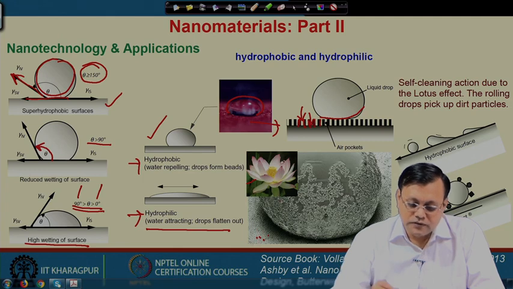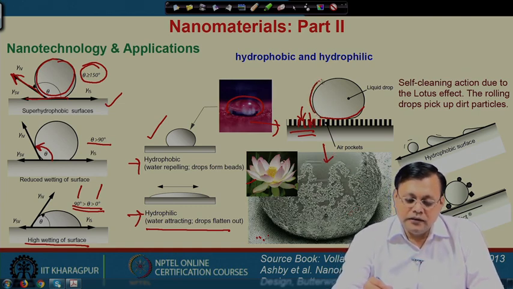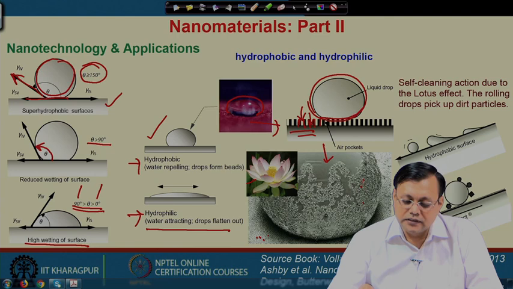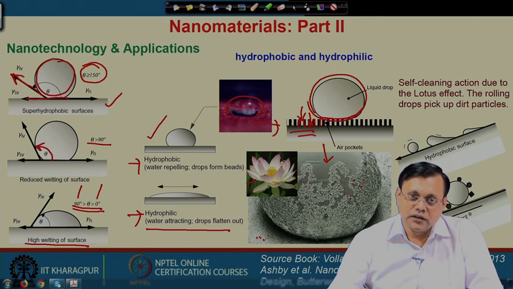These nanoscale features, and if you put one drop of water, then not only does it remain its shape like a sphere, but it also collects the dirt from the surface. You can see these are the dirt particles, nanoscale dirt particles that go into the water droplet, and it cleans the surface.